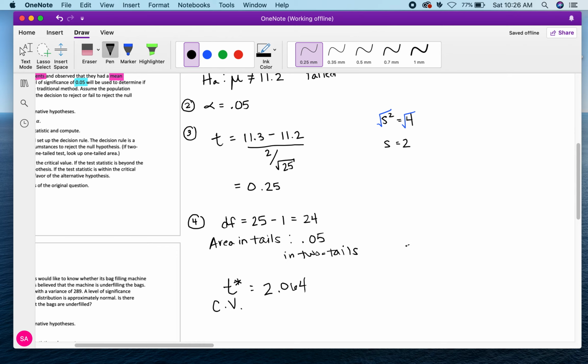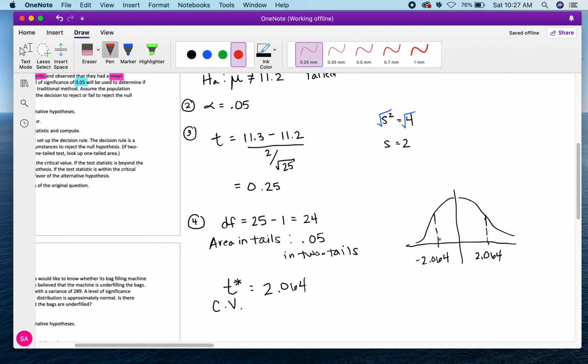Let me draw a picture now of what's going on. Since this is a two-tailed test, we technically have two critical values. The positive critical value is positive 2.064. The one on the left side is going to be negative 2.064.